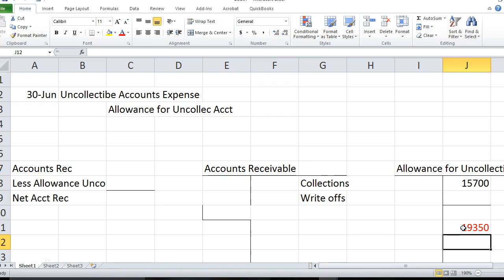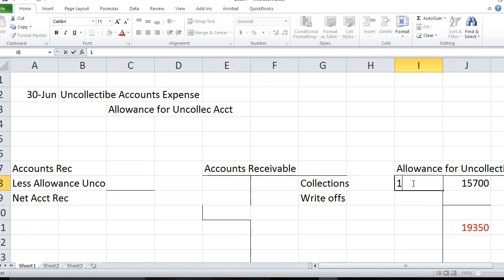If they want that to be $19,350, then what are we going to do in order to get that amount? We started the period with $15,700 here.